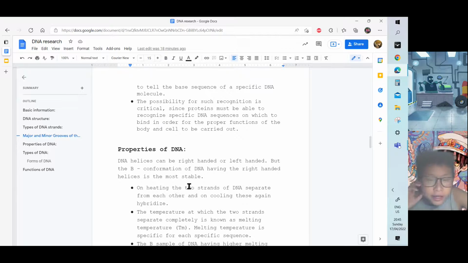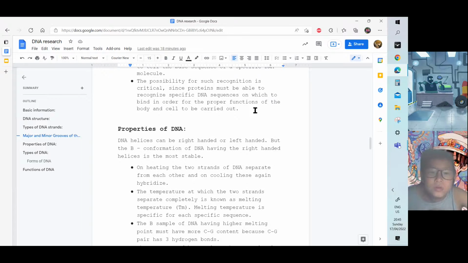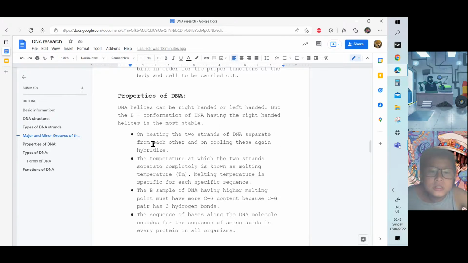Properties of DNA. The DNA helix could be right-handed or left-handed, but the conformation of DNA having right-handed helices is the most stable. On heating, the two strands of DNA separate from each other, and on cooling these hybridize again.